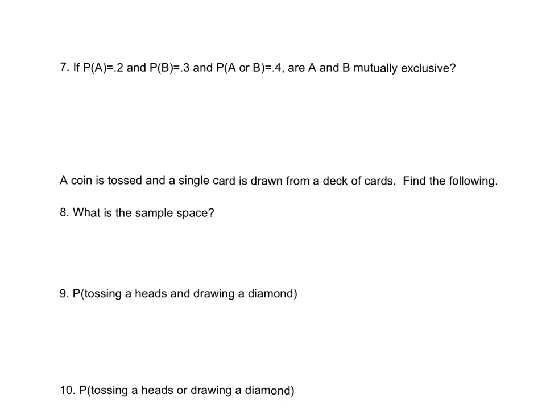So number 7 says if the probability of A is 0.2 and the probability of B is 0.3 and the probability of A or B is 0.4, are A and B mutually exclusive? So in order to determine if these are mutually exclusive, I want to know if the probability of A plus the probability of B equals the probability of A or B. So basically, does 0.2 plus 0.3 equal 0.4?